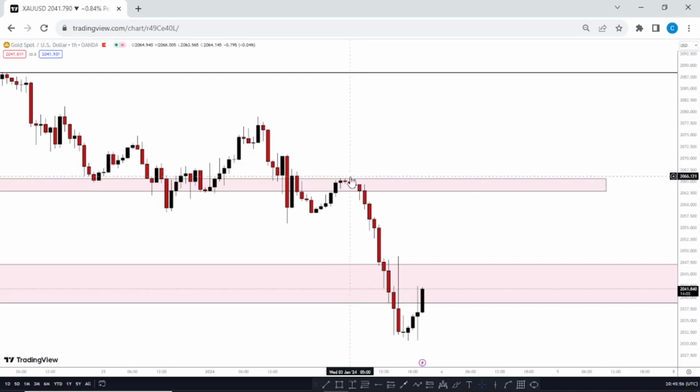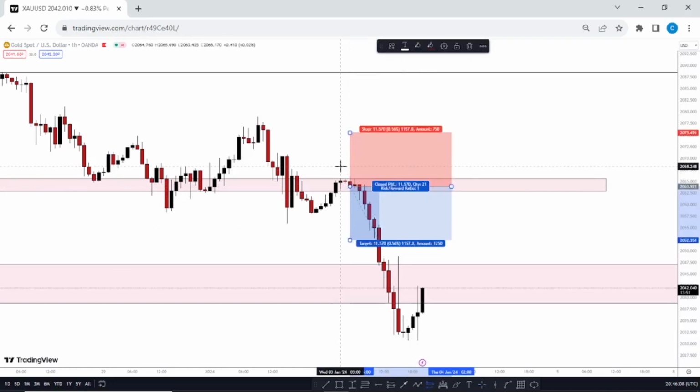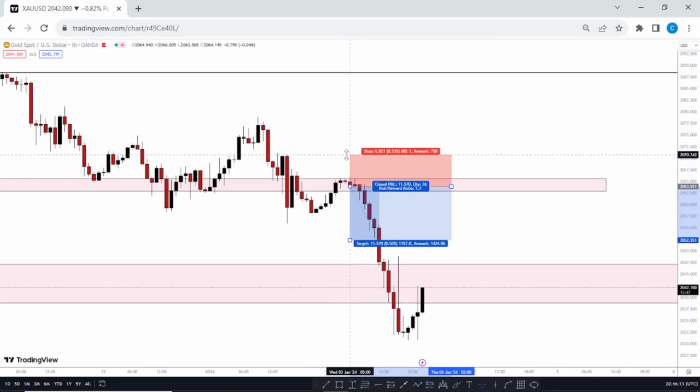So after we had this confirmation that price is about to move to the downside, or price is ready to drop, that's when we entered our trade. And we placed our stop loss right above this lower time frame structure. If you go on the lower time frame, you realize this will be a structure on the lower time frame.